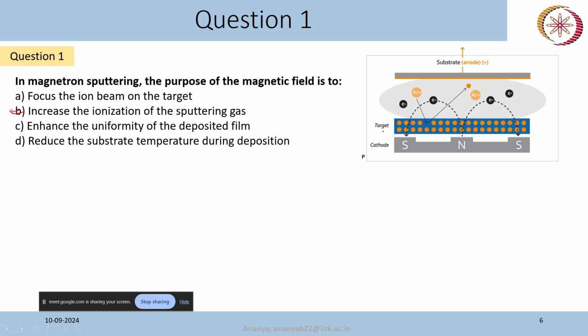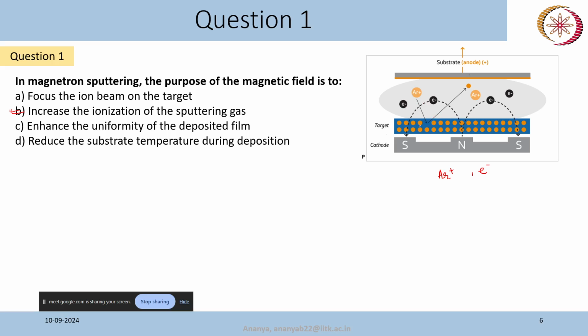In RF or pulsed DC sputtering, that will be alternating, but in DC sputtering, the substrate is the anode and the target is the cathode. Now when plasma is created, there is argon, argon plus, and electrons. Overall the plasma is neutral, so there is an equal amount of electrons and an equal amount of positive ions.